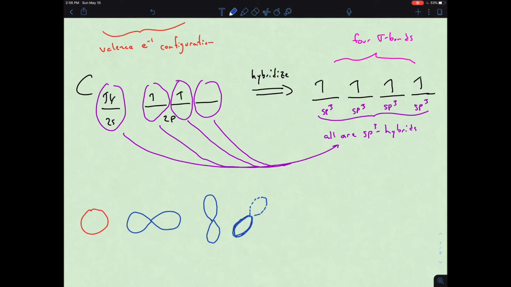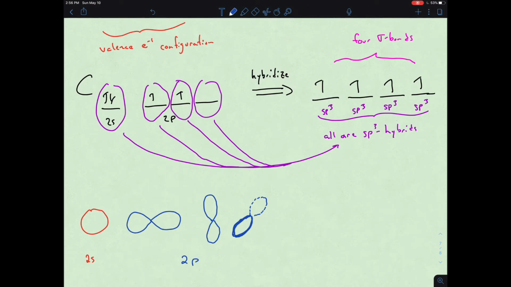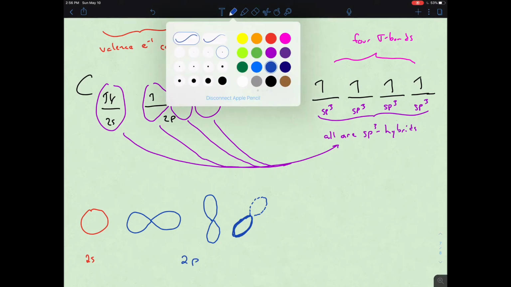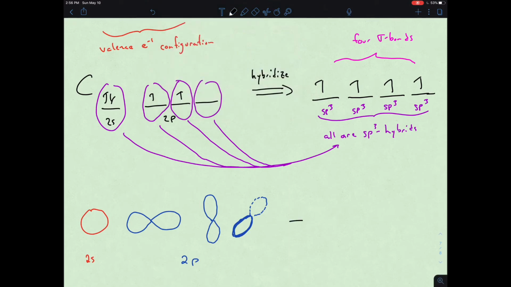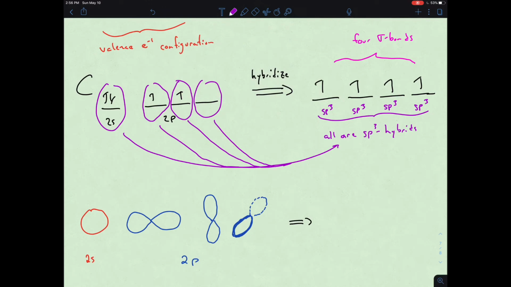So here we have our 3 different p orbitals now. We have our 2s, and then here are our 2p, just as far as the orientation is concerned. And now that's generating this type of overlap, where that geometry that we observe is actually coming from. Where now we have 2 lobes that are in the plane.